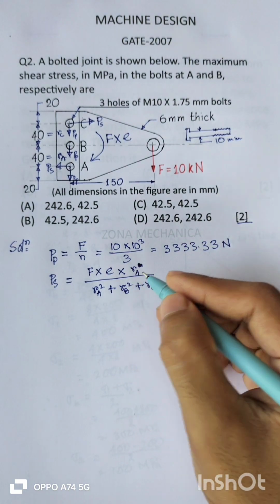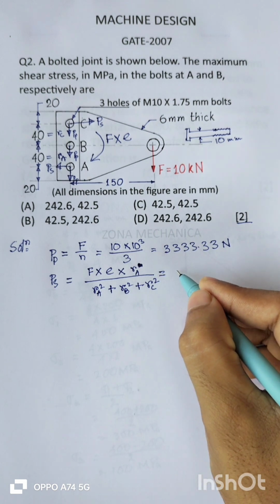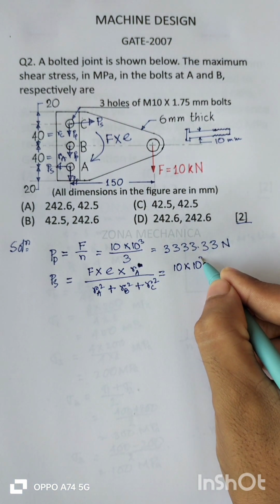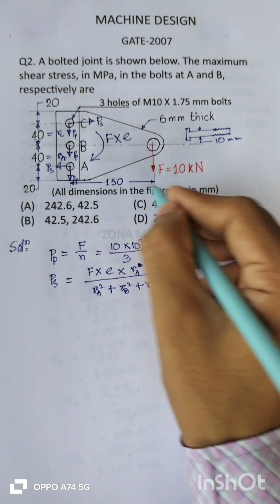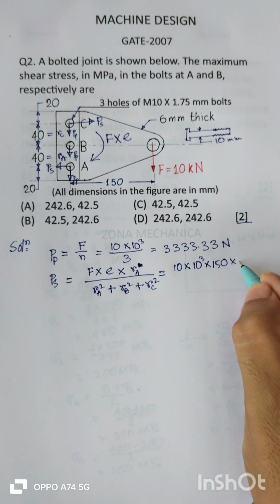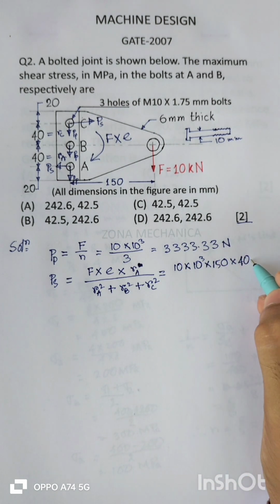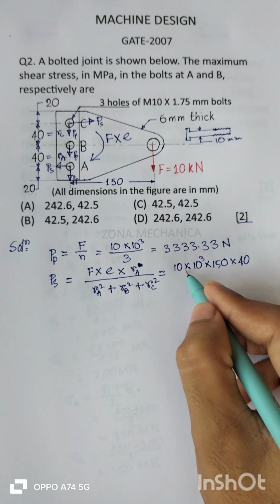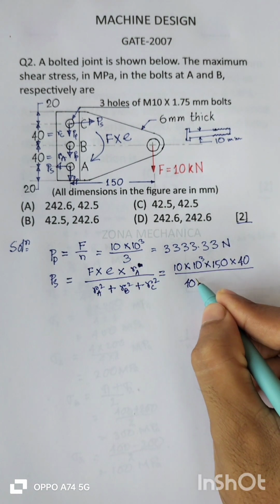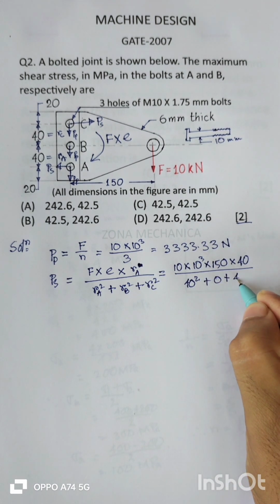So it will be F is 10 into 10 to the power 3 into eccentricity is 150 and RA is 40. See, this is in Newton and this is in mm, this is in mm, so Newton mm square, and this RA is 40 square plus this is 0, this is 40 square.